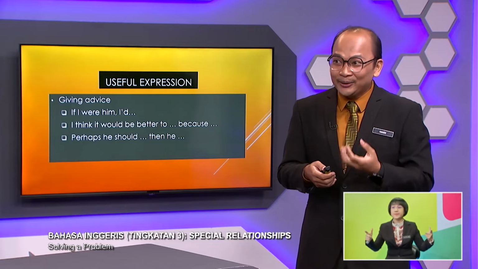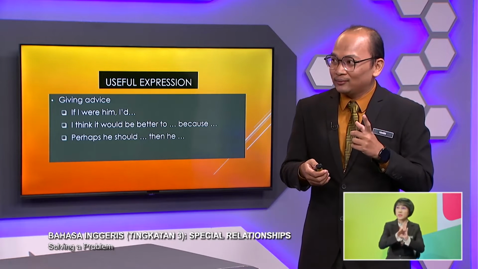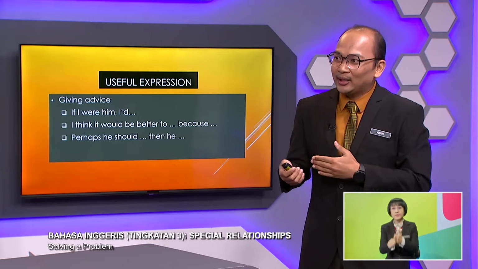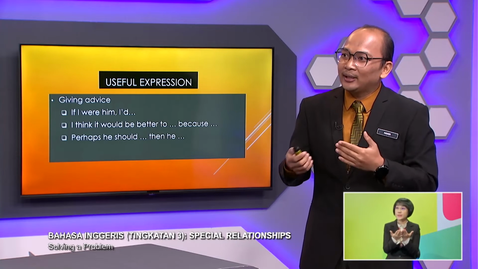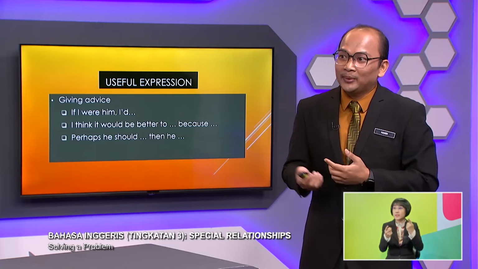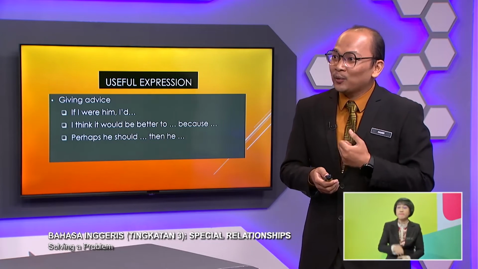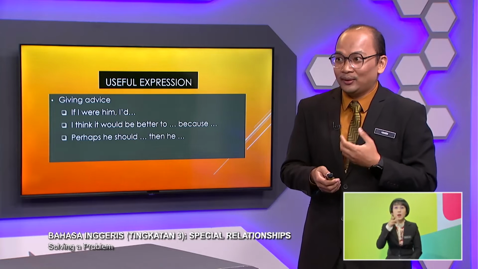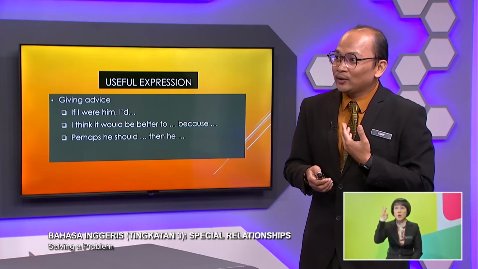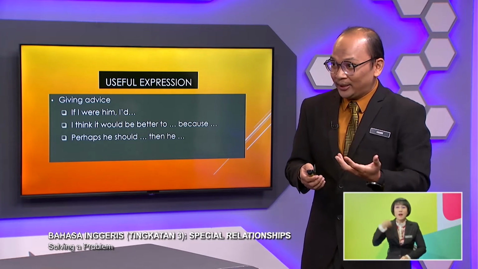So before we start using the language, it is good to have a very good example or samples that we can follow. In this book, they gave useful expressions for certain situations, like for example, giving advice. Number one: if I were him, I would. That is for when you want to put yourself in his or her shoes, if you're talking about somebody.